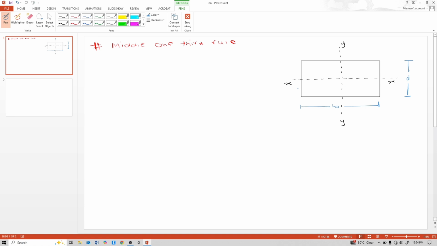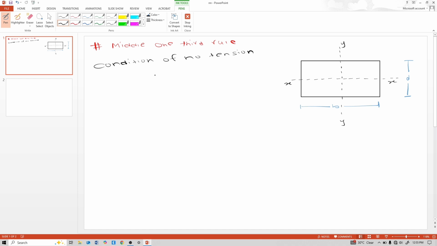First understand this diagram. This is a rectangular section. This side is b, the depth is d and the width is b. This is the x axis and this is the y axis. For solving the middle one-third rule, we will take help of the condition of no tension.